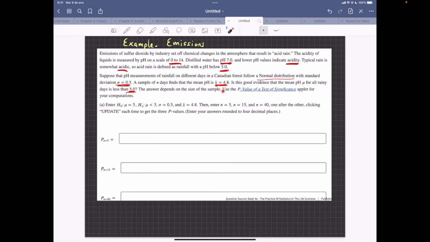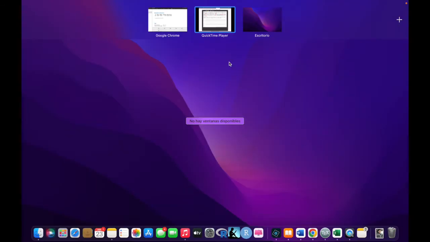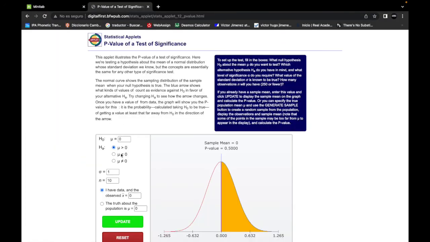But notice the mean from the sample is 4.8, and the hypothetical value for the mean is 5. So notice they have correctly here the hypothesis mu equal to 5, alternative mu less than 5. Why less than 5? Because the evidence suggests it's less than 5. So here you will have to go to the web page, open it, and the web page is this one, you see?